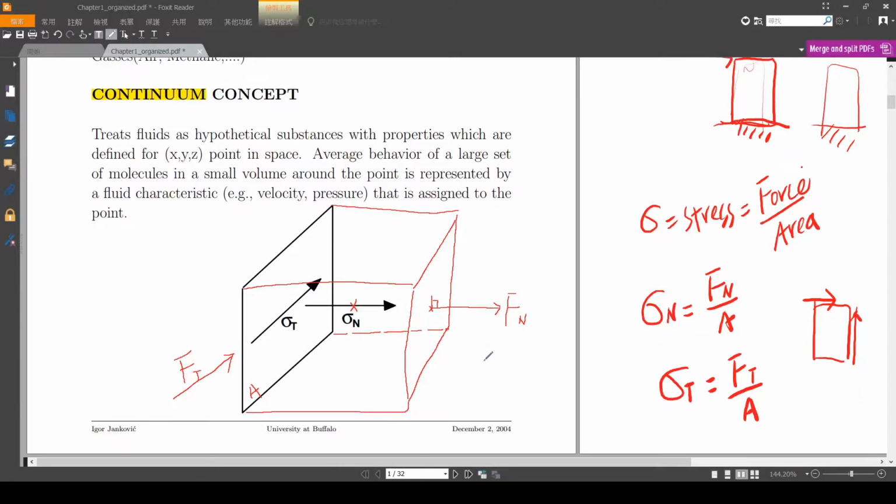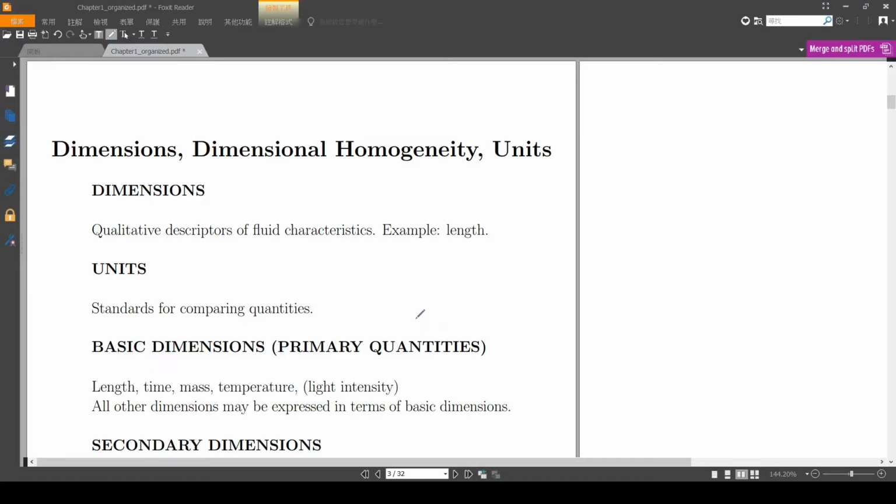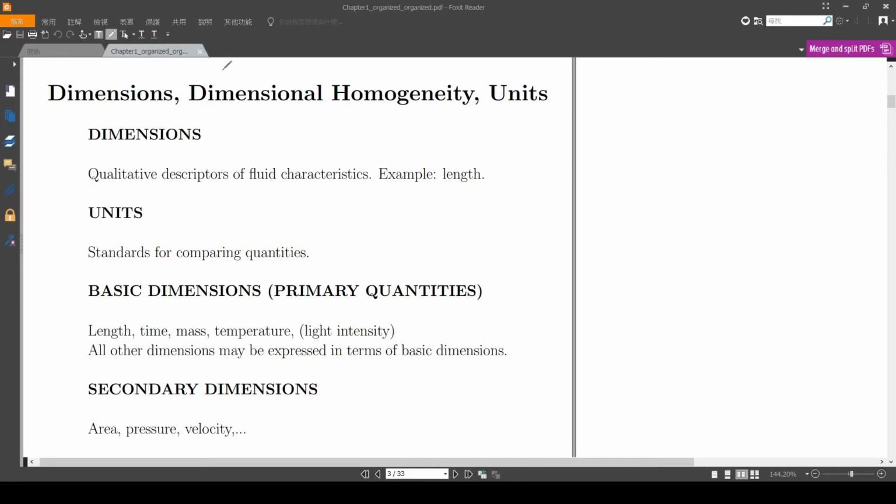Okay, so the next part is about dimensions. In fluid mechanics, we deal with a variety of fluid characteristics. Therefore, it is necessary to develop a system for describing these characteristics both qualitatively and quantitatively. For the qualitative descriptions, these are the dimensions that you already know.